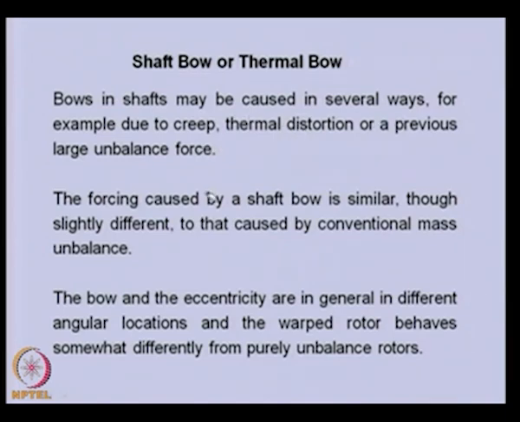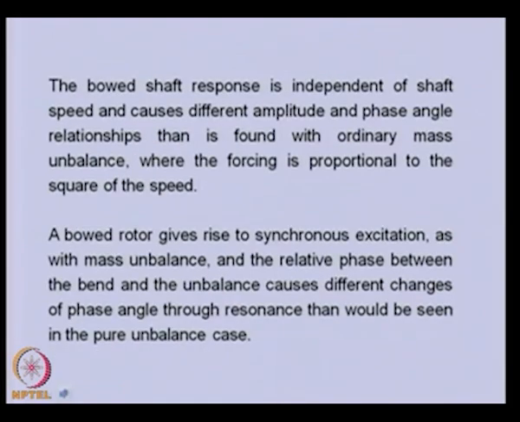The forcing caused by a shaft bow is similar or slightly different to that caused by conventional mass unbalance. The bow and the eccentricity are in general at different angular locations, and a warped rotor behaves somewhat differently from a purely unbalanced rotor. So, unbalanced and bent rotors have slightly different behavior.